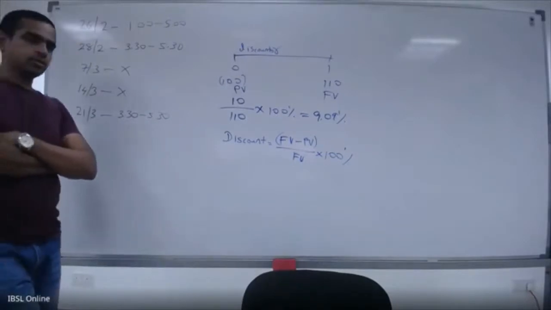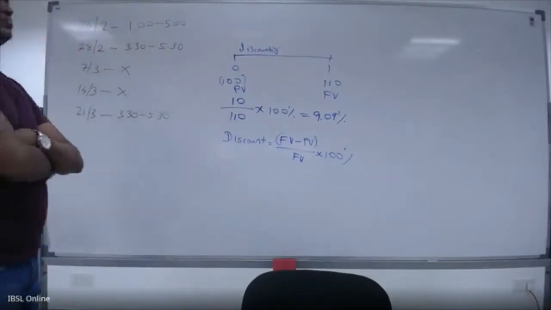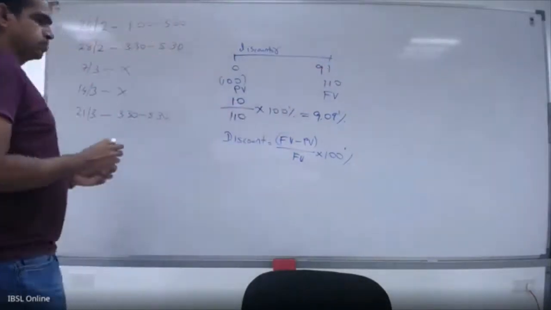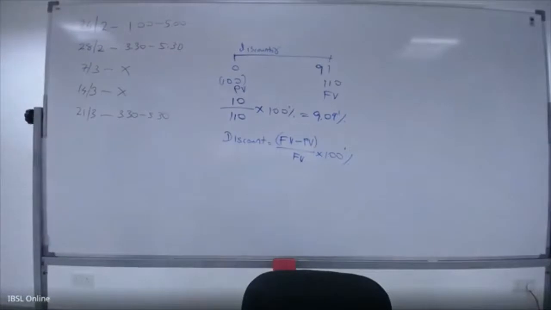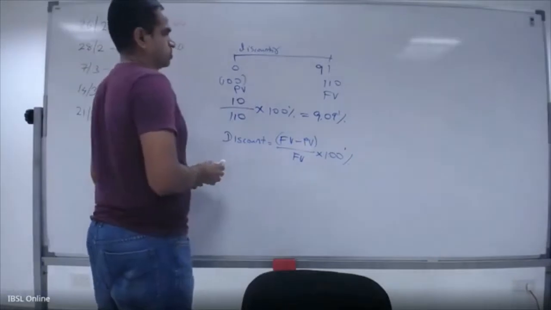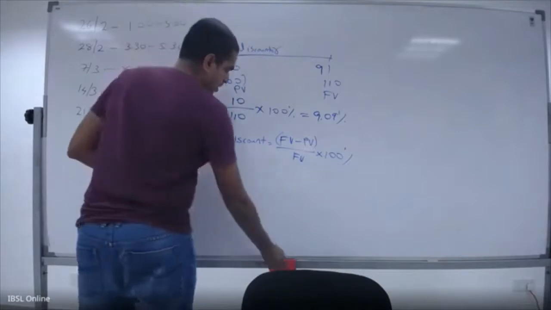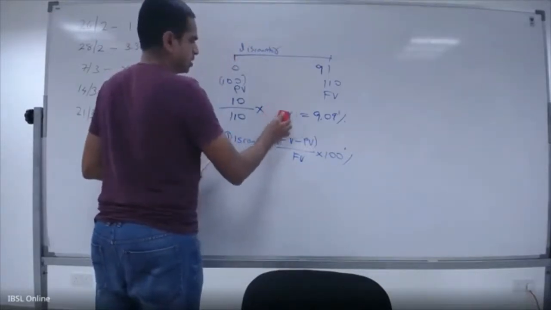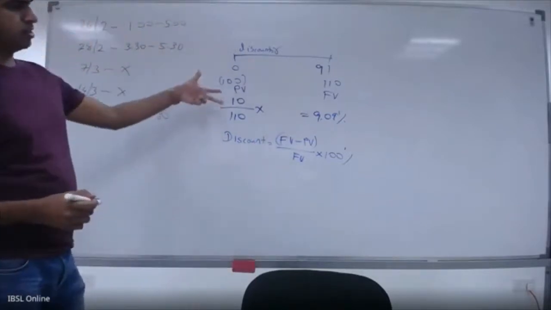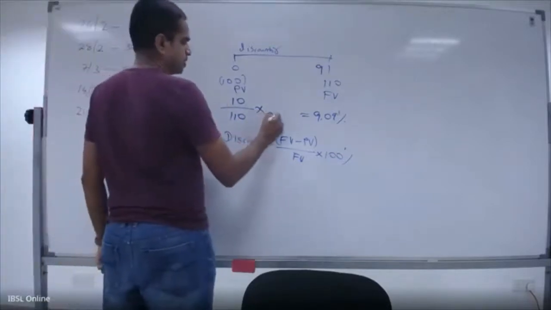That's how it goes. Now, by any chance, if this was a short tenor, let's say it was 91 days, then what you do is you need to annualize your answer. So you got a discount of 10 on a face value of 110 for a period of 91 days.